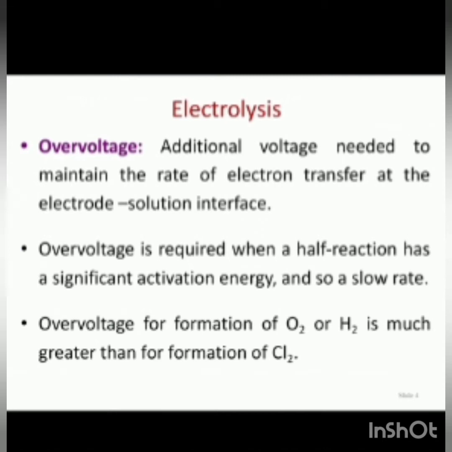When the voltage in a circuit or part of it is raised above its upper design limit, this is known as overvoltage. Overvoltage is required when a half reaction has a significant activation energy and so a slow rate. Overvoltage for formation of O2 or H2 is much greater than the formation of chlorine.